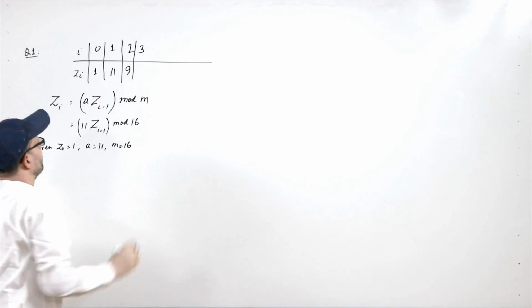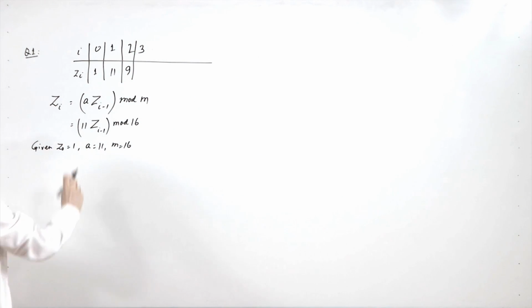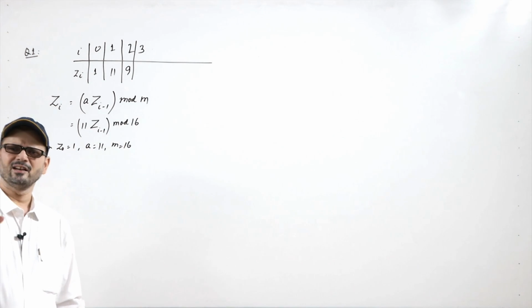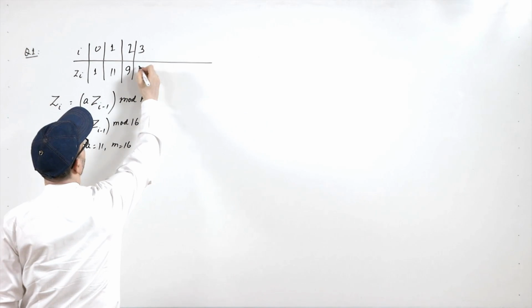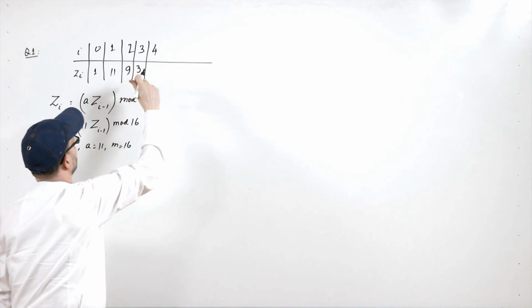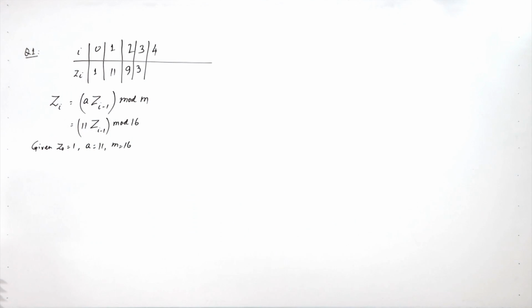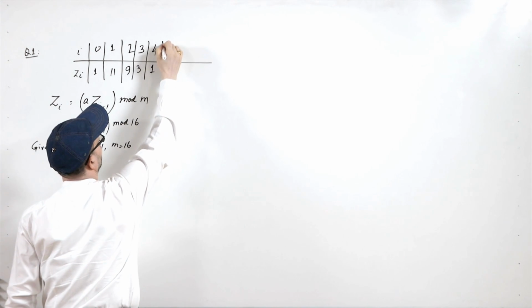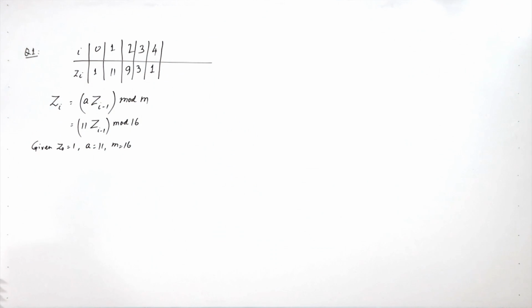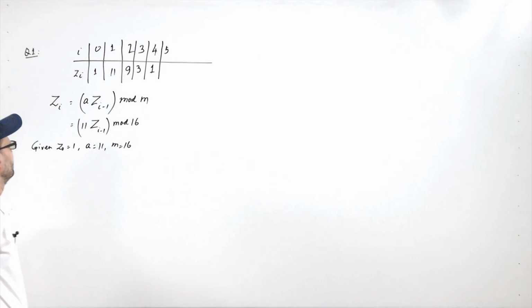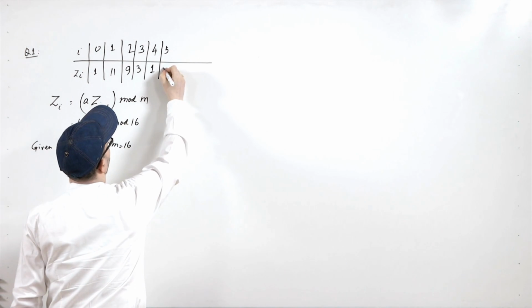Going to 3, 9 into 11, 99 mod 16. 6 into 16 plus 3, so it will be 3. For 4, 3 into 11, 33 mod 16, so it will be 1. For 5, 1 into 11 mod 16, so it is 11.